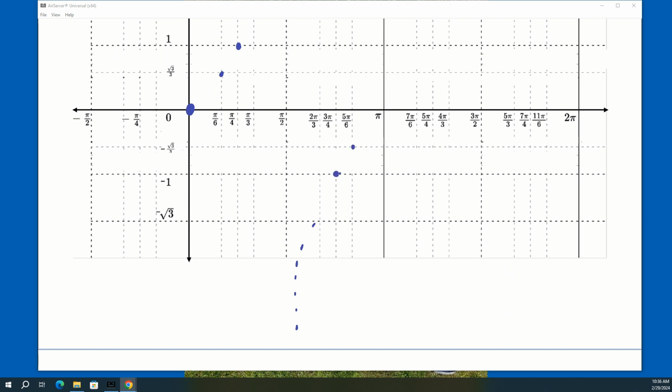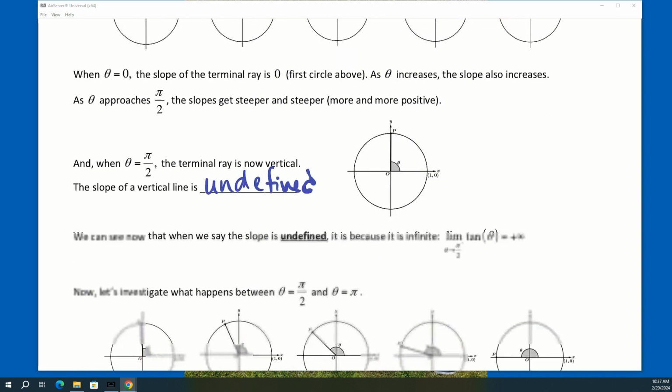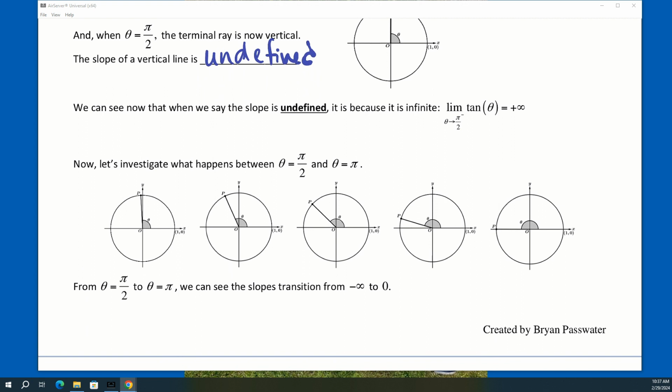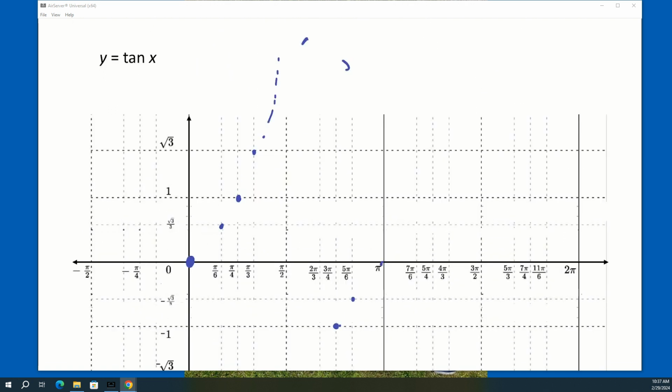And then what about the slope at pi? 0. It's a horizontal line. The slope of a horizontal line is 0. So back at pi, we're 0 again.